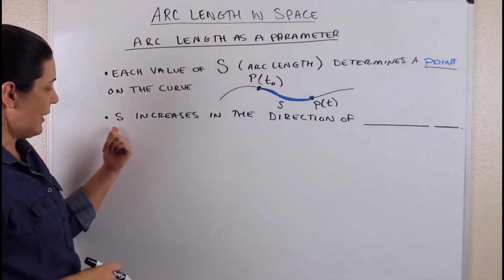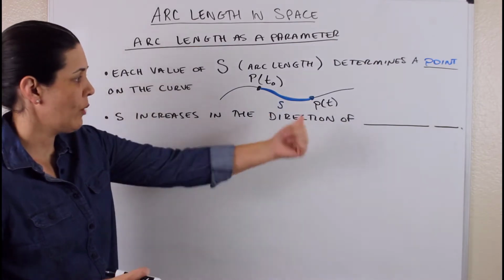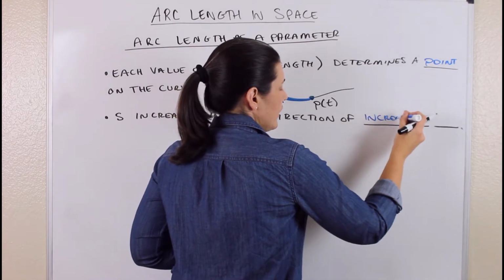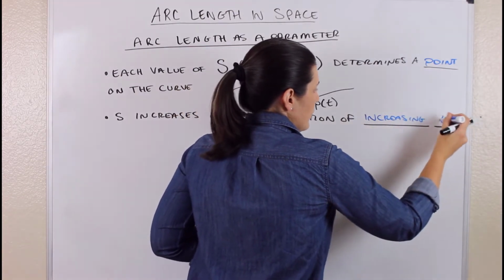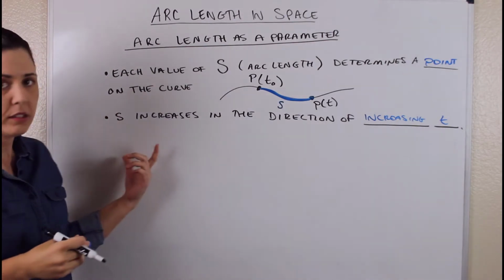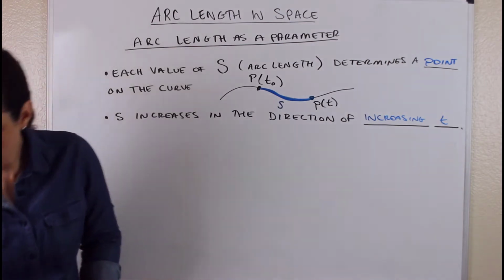Then s, or arc length, increases, and it increases in the direction of increasing t. So as t gets bigger, so does s. Arc length and t increase in the same direction.